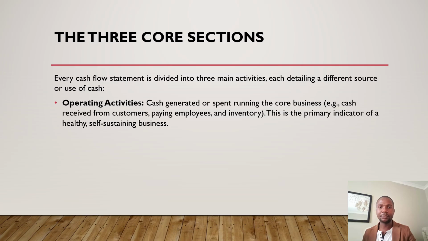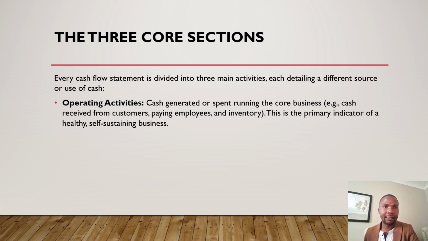when you incur expenses or receive cash from your core operations, that cash is classified under operating activities. For instance, you talk of the cash received from your customers, or the cash you use to pay your employees, or the cash that you use to purchase your inventory for the basic operations of your business.